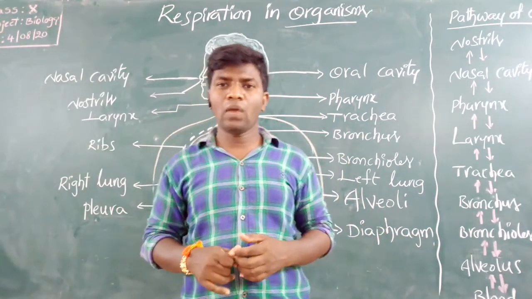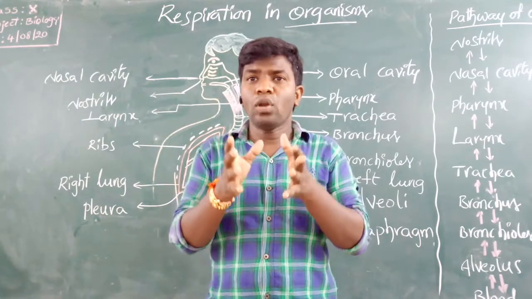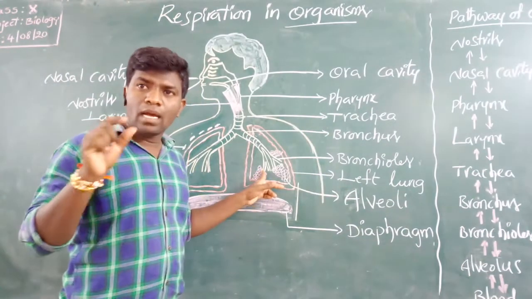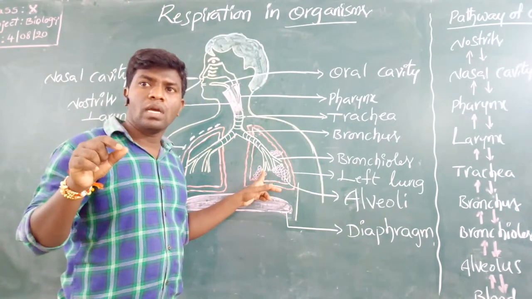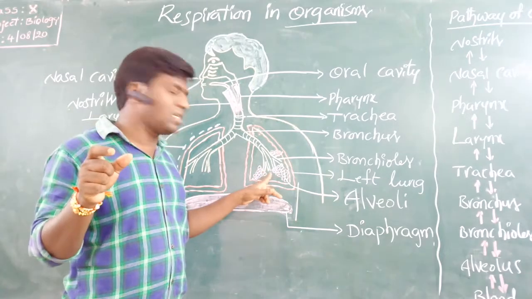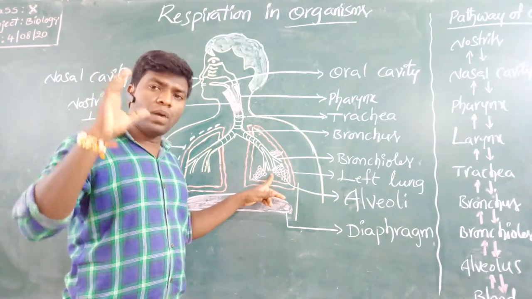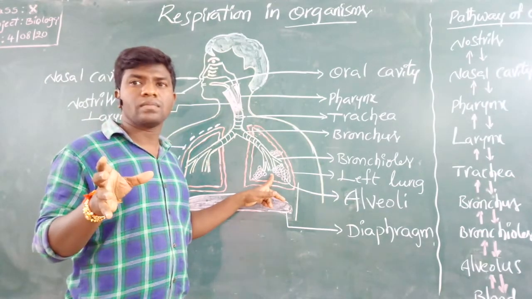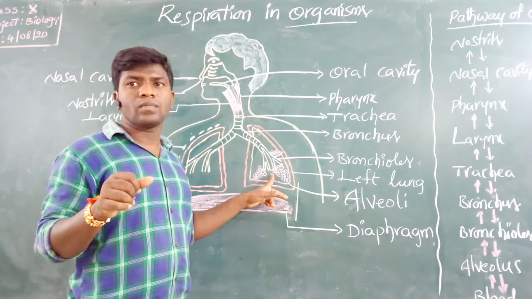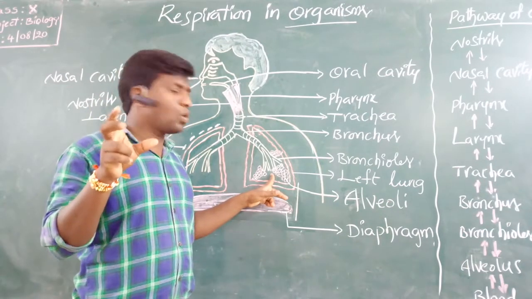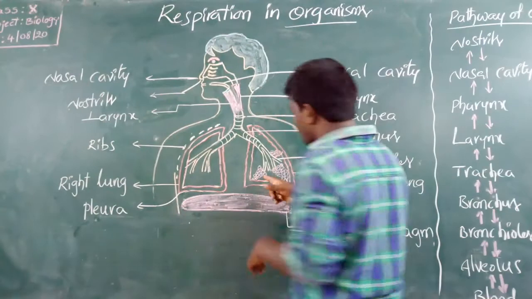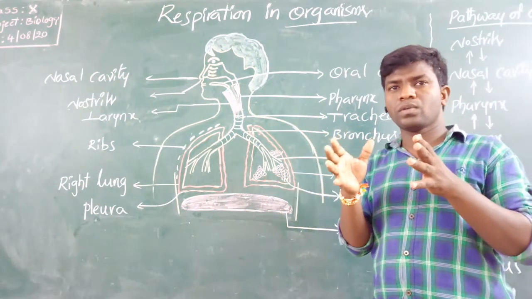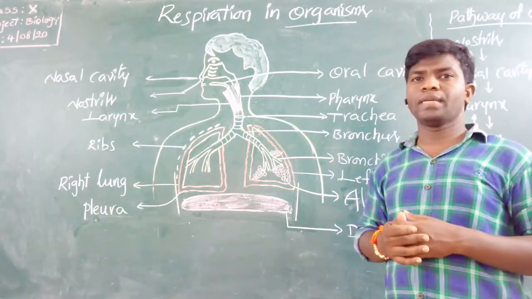After that, the air enters into the alveoli. The alveoli are at the end of the bronchioles. Millions of microscopic sac-like structures are present in the lungs, called alveoli. Each air sac looks like a group of alveoli.